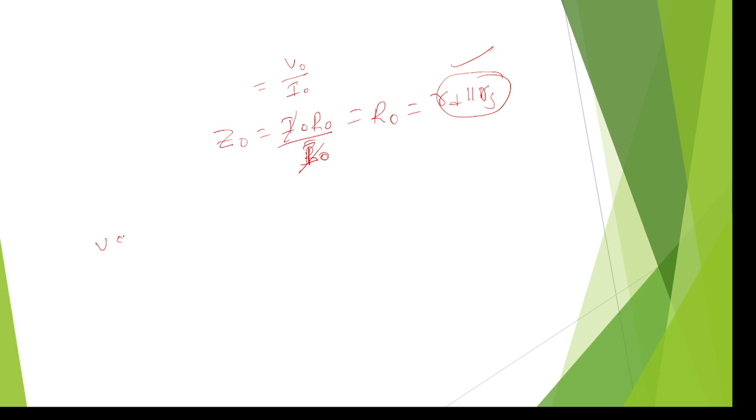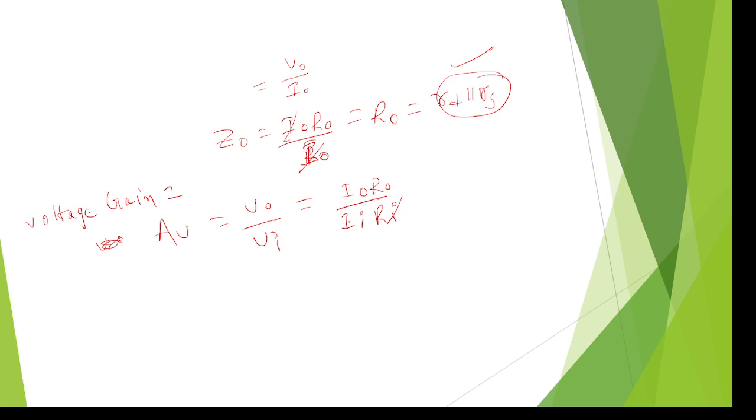Coming to the voltage gain, AV equals V0 by Vi, output voltage by input voltage. Or else you can write it as I0 into R0 by Ii into Ri.